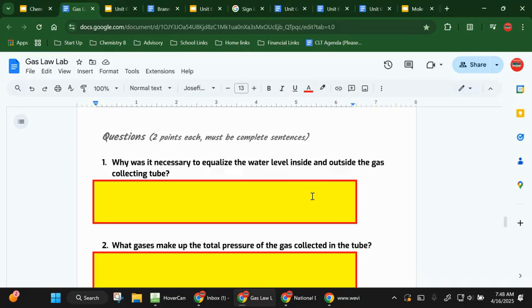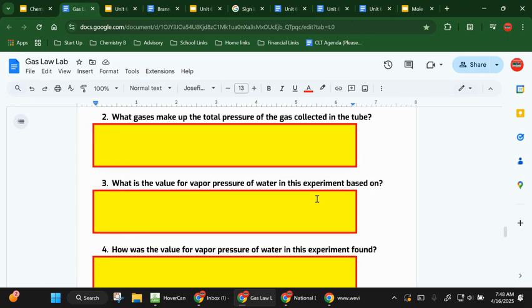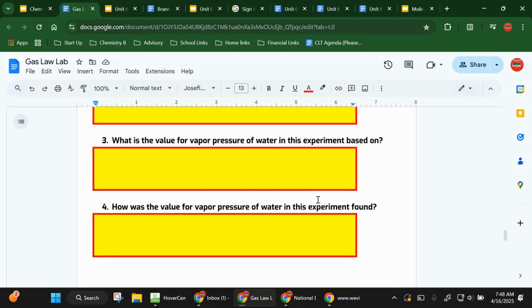What gases are inside there? We just literally talked about this. Question number 3: what is the value for vapor pressure of water in this experiment based on? And question number 4: how was the value for the vapor pressure of water in this experiment found? We just went through that for both of those.